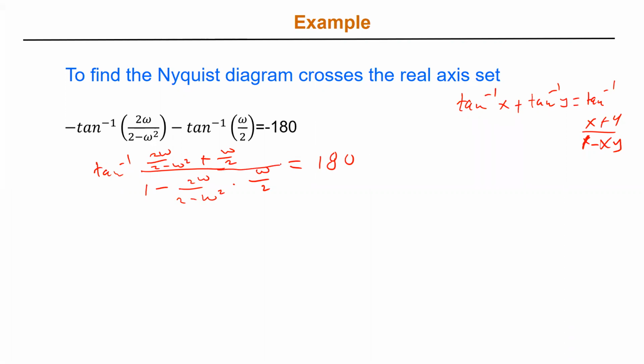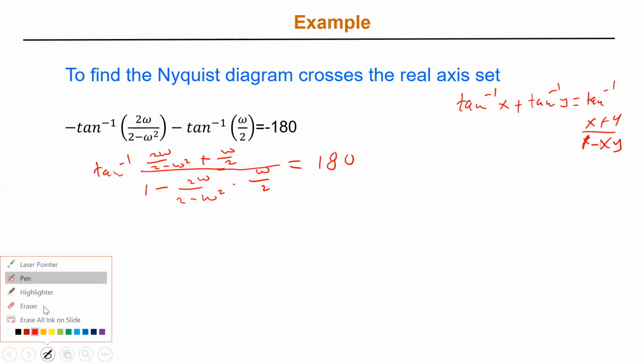The tan of 180 is equal to 0, which means that the numerator must be equal to 0.